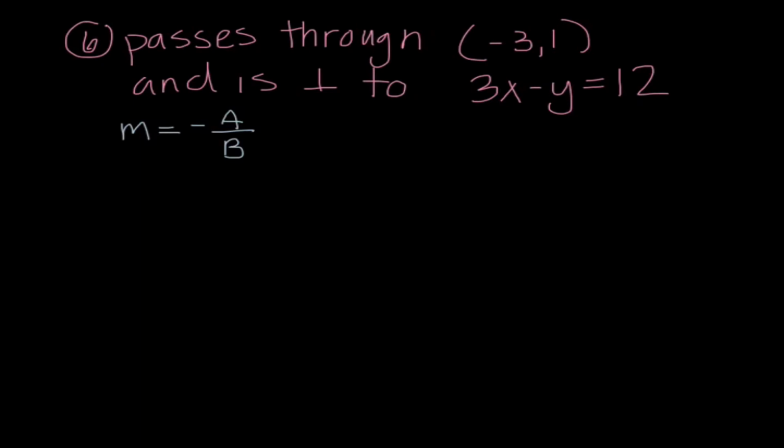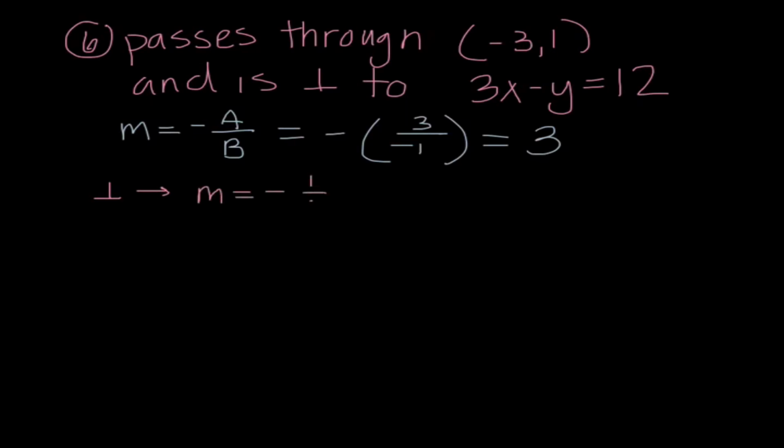So in this case, I'm going to use that because I remembered that. So it's going to be the opposite of 3 over negative 1, which is positive 3. So if the slope is positive 3, the perpendicular slope would be the opposite reciprocal, which would be negative 1/3.